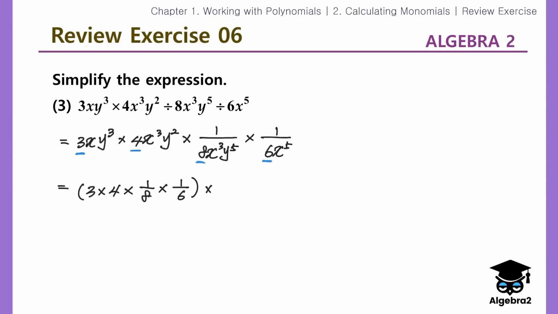times variable x. We have x, x cubed, 1 over x cubed, x to the 5, right? So that's going to be x times x cubed times 1 over x cubed times 1 over x to the power of 5 times, look at y, y cubed, y squared, 1 over y to the 5, right?